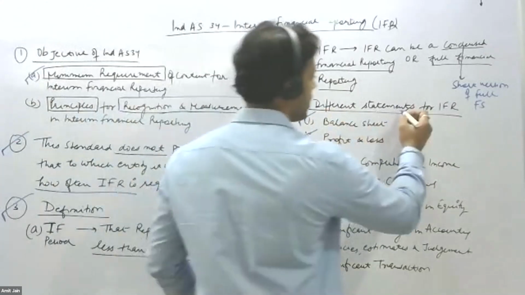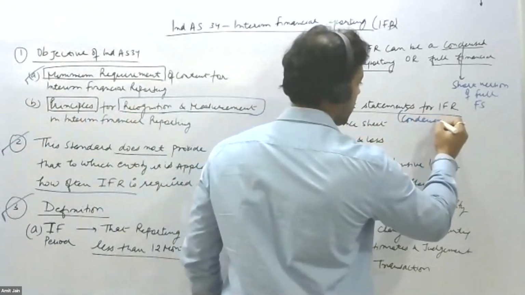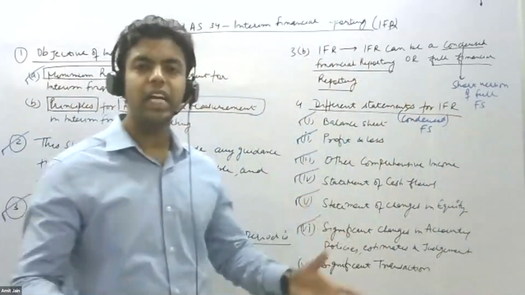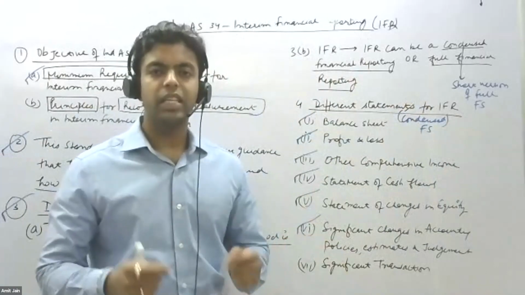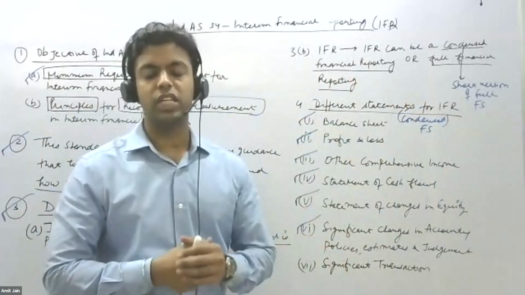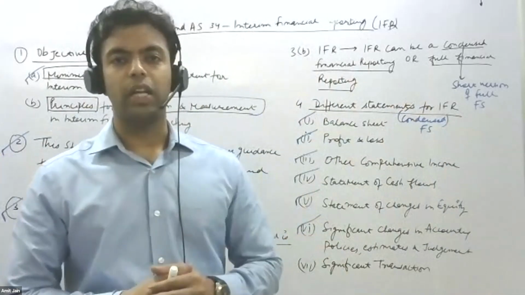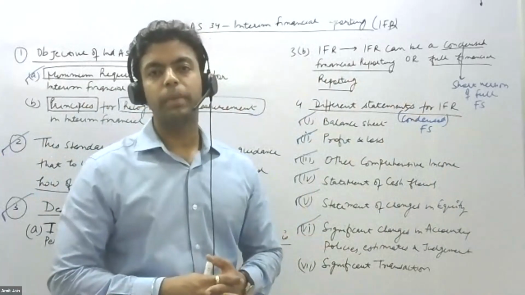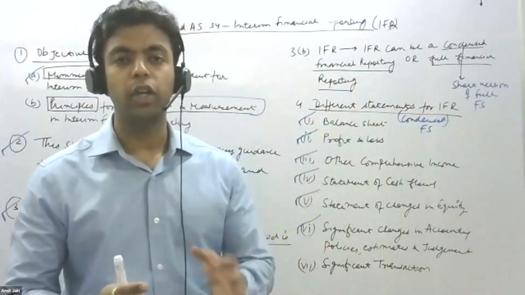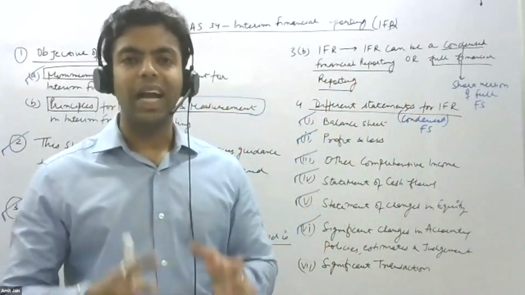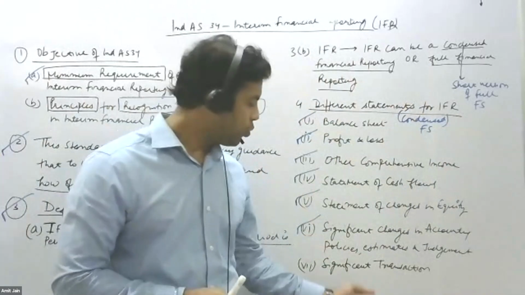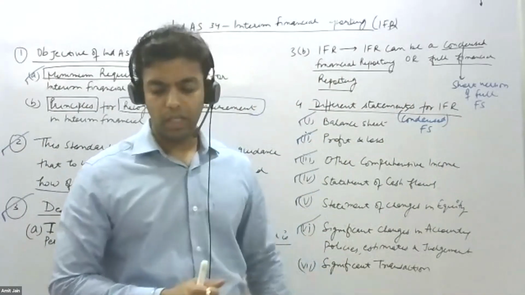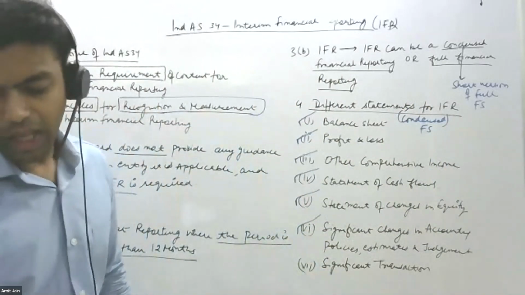In the condensed financial statement, the company is not required to give detailed accounting policies, estimates and judgment. They are supposed to give the significant change which has come up because of the change in the accounting policies, right? And if any significant transaction has occurred during the particular interim financial reporting period, then that significant transaction needs to be disclosed. We need to understand what is that significant transaction.